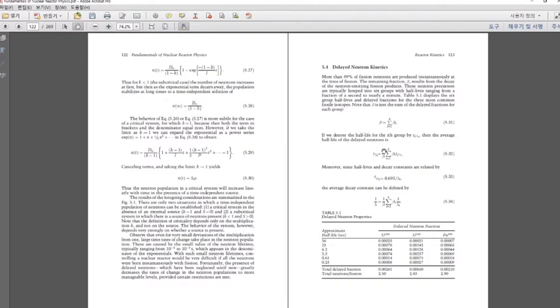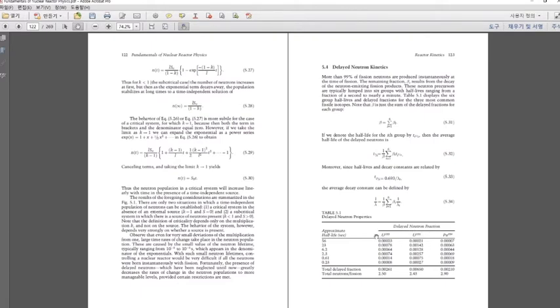After that, we introduced the concept of delayed neutrons. Table 5.1 gives us some important nuclear data related to delayed neutrons, such as delayed neutron fractions.